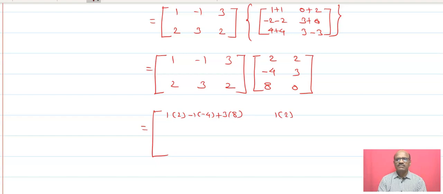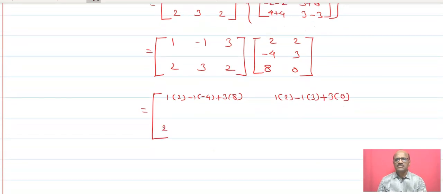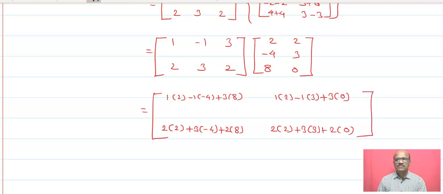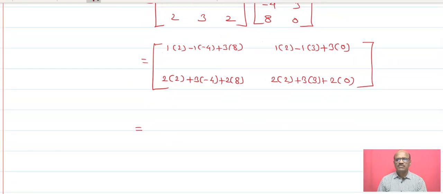Next is first row, second column. Now see this. Next is second row, first column, and last is second row, second column. Now you can see this.